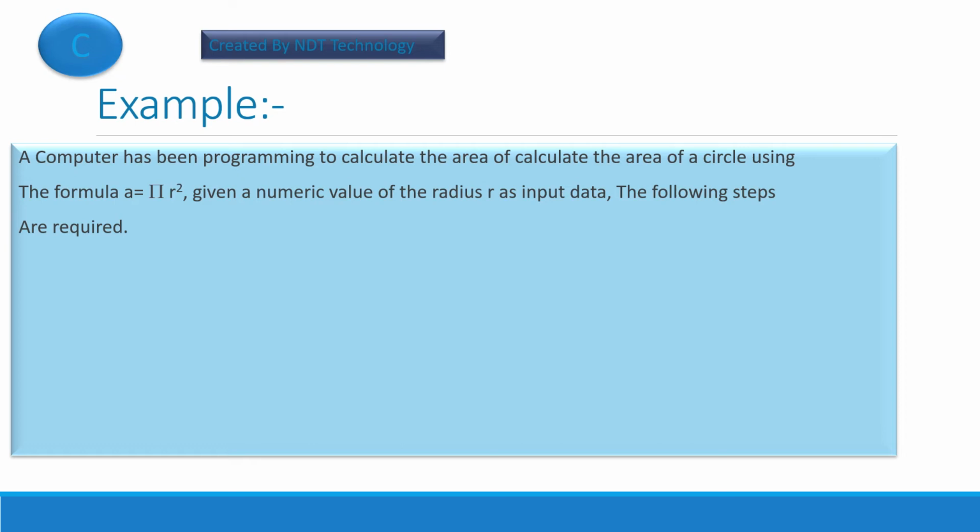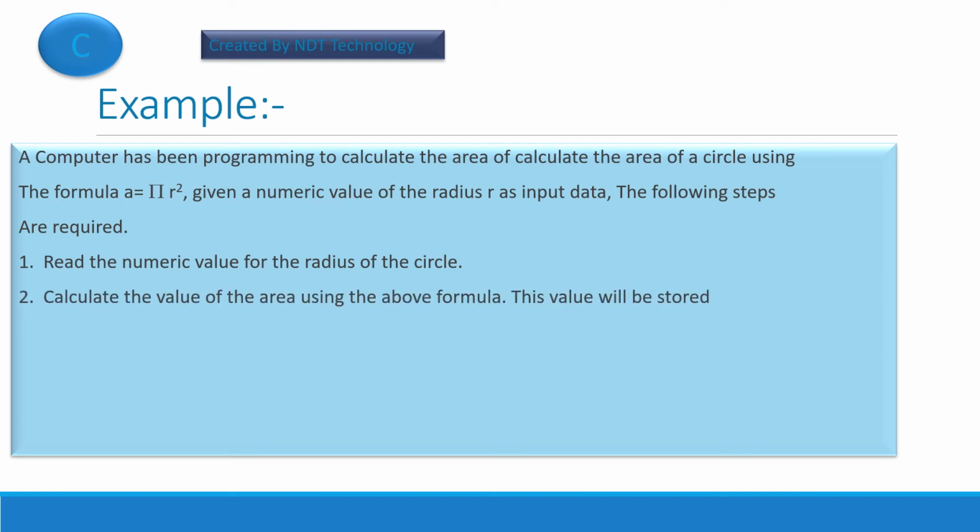Given the numeric value of radius r as input data, the following steps are required. First step will be to read the numeric value for the radius of the circle. So we have to put that instruction in our code. It may be a numeric value like 3.17 for pi, and r is given by the radius of the circle, and area we have to define here. Second is to calculate the value of area using the above formula. So we have to put this formula into the second line.